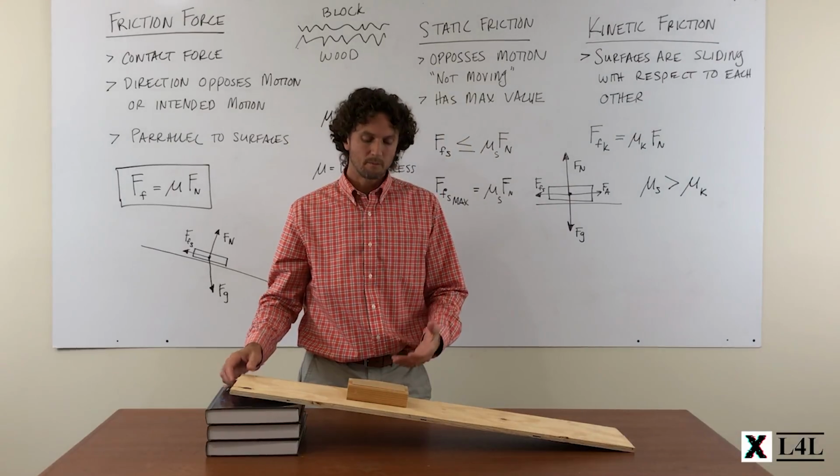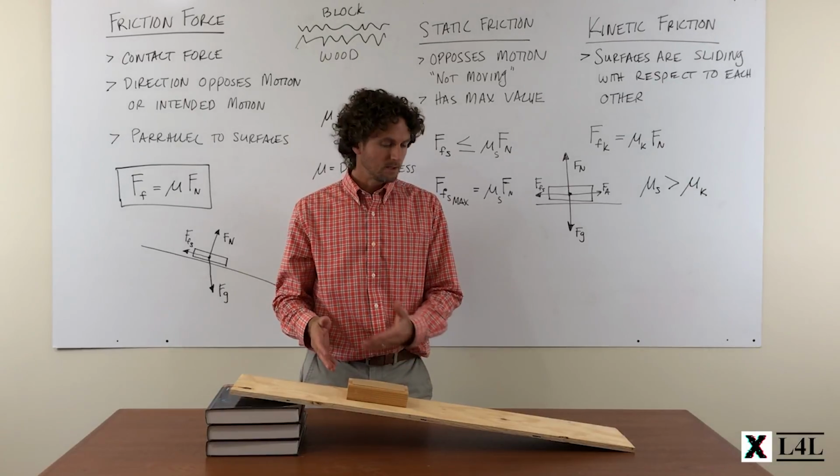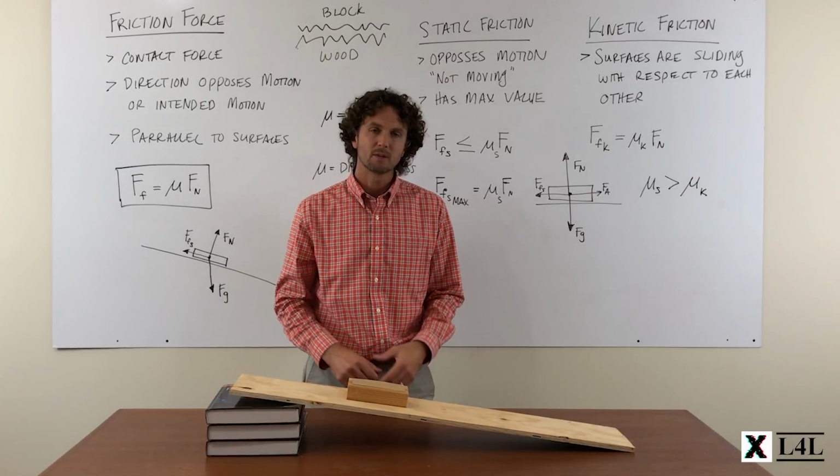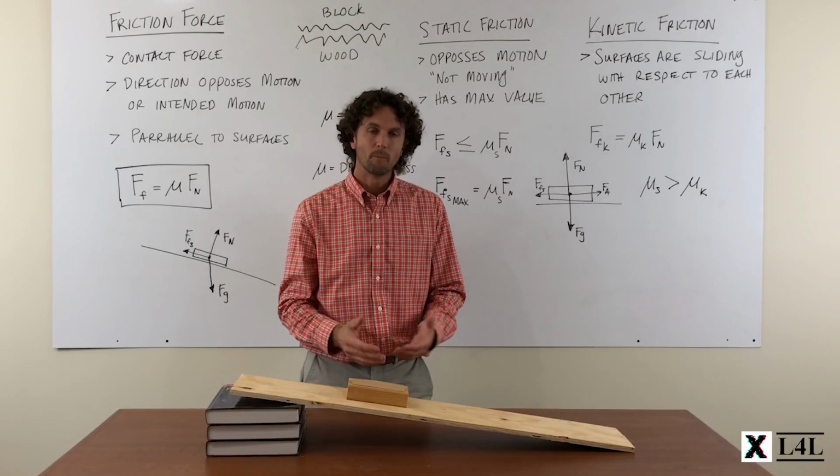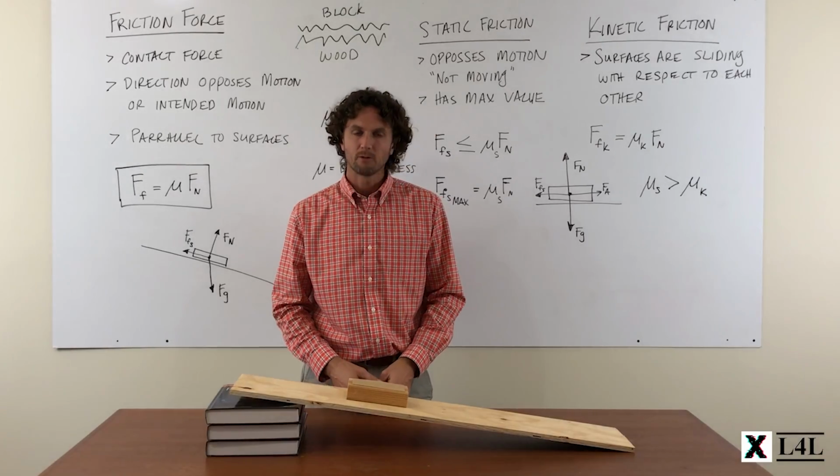Again, one last time, right now this block is sitting on this inclined plane. It is not moving because it has static friction opposing its motion of the parallel force due to gravity.